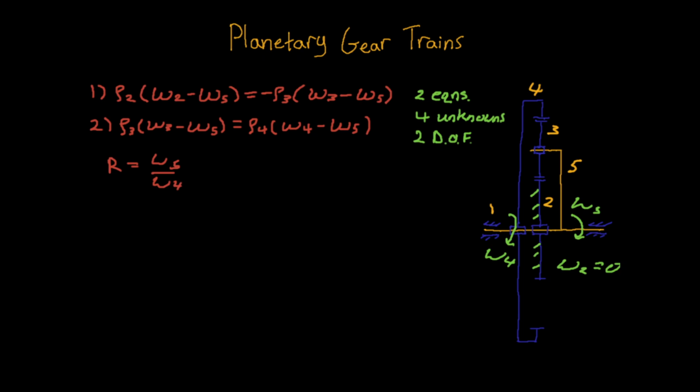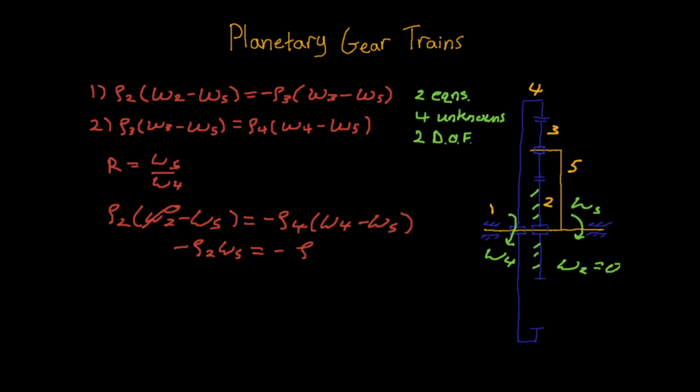Equation 2 can go into equation 1, and we get rho 2 times omega 2 minus omega 5 is equal to minus rho 4 times omega 4 minus omega 5. And omega 2, we said, is 0. So this reduces down to minus rho 2 omega 5 is equal to minus rho 4 times omega 4 minus, it becomes plus rho 4 omega 5.